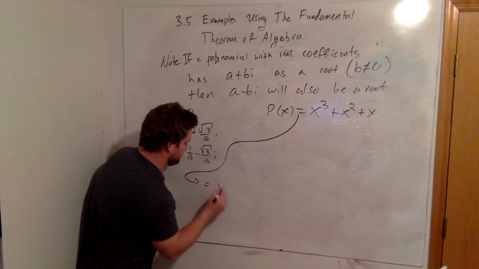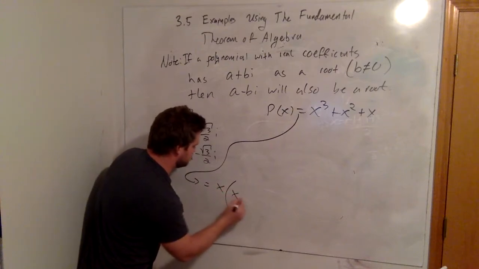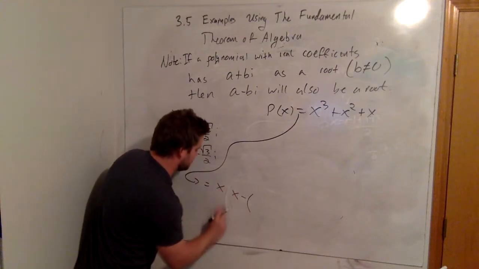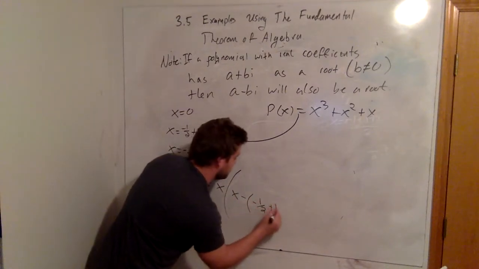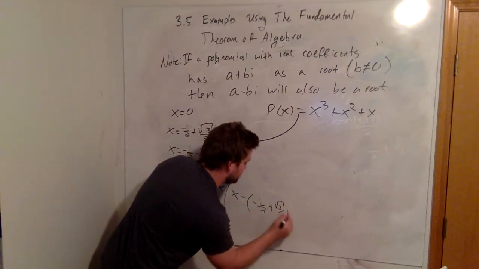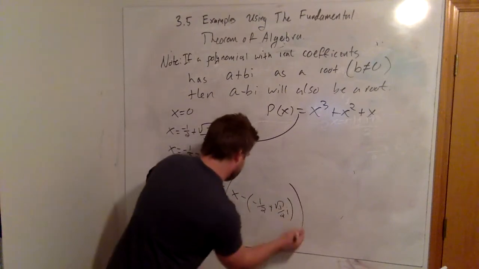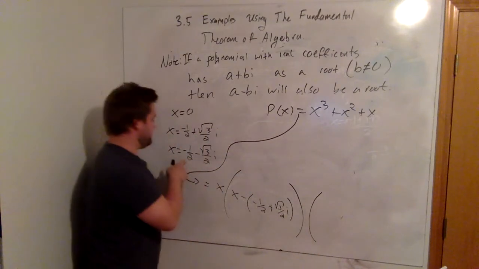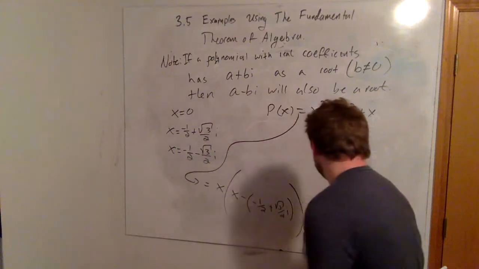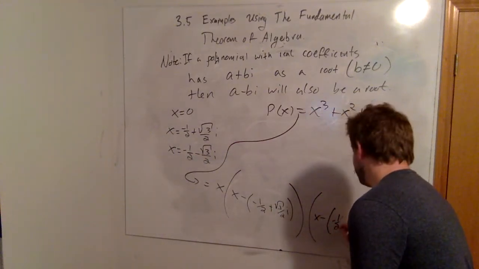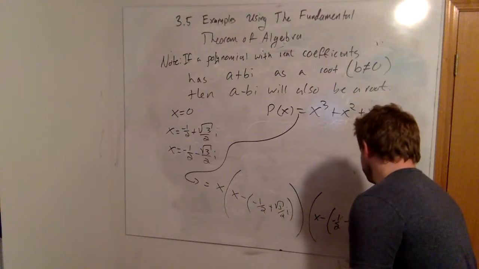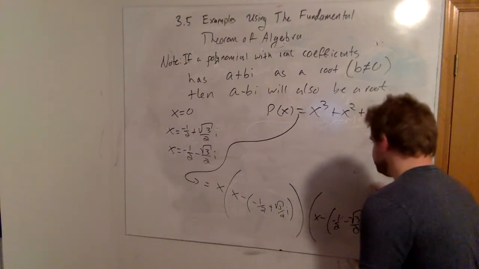So this will factor to an x times an x minus a negative 1/2 plus root 3 over 2i, times the other factor, which will be an x minus a negative 1/2 minus root 3 over 2i.